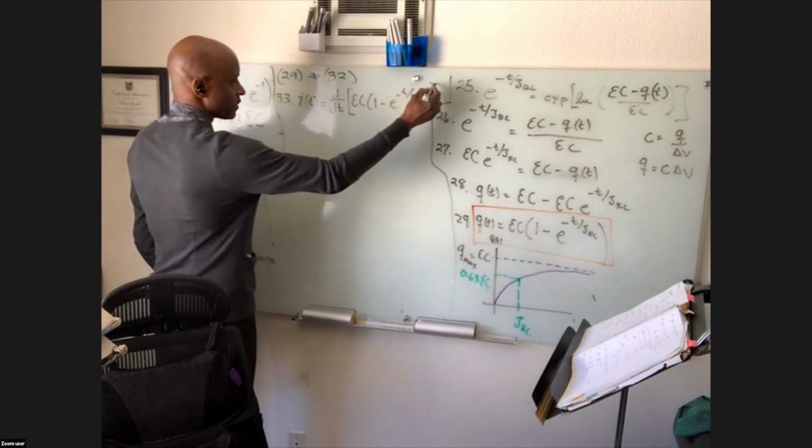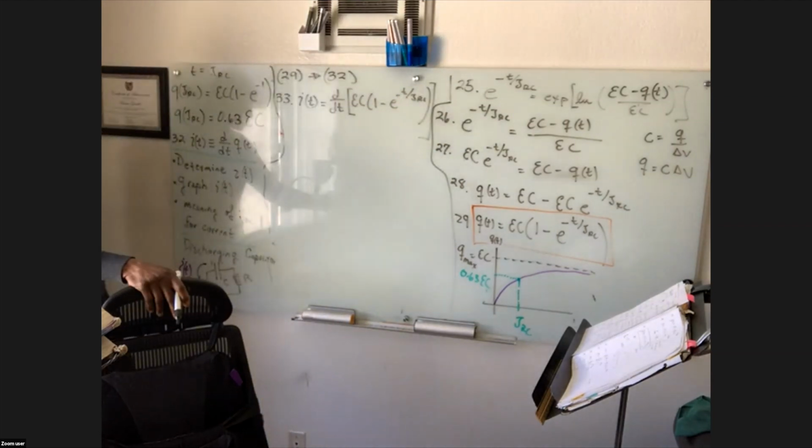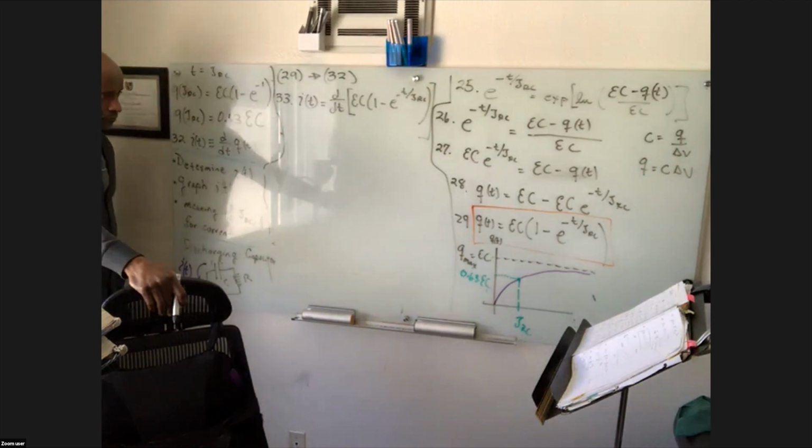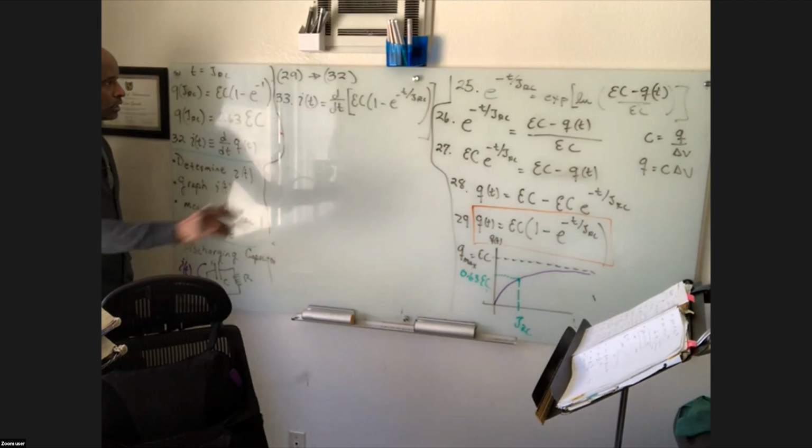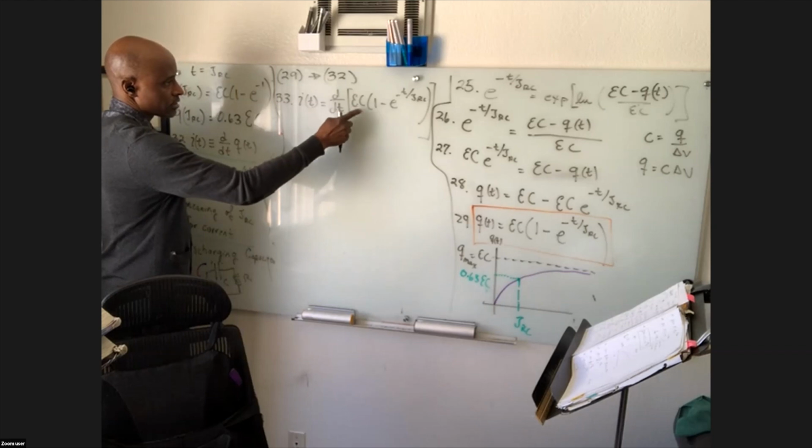So I'm taking the derivative of an exponential function, essentially. The EC comes out.